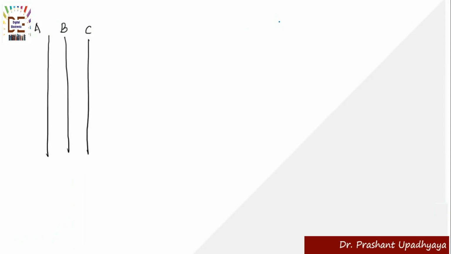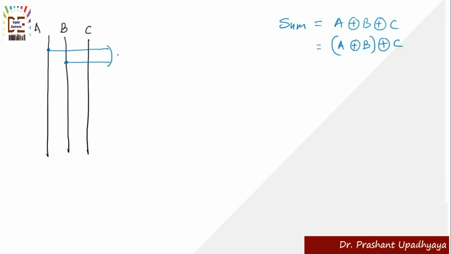Repeating, my sum was A XOR B XOR C. So I can write this as A XOR B, then put a bracket and XOR C. I can take A from here and B from here and draw an XOR of them.